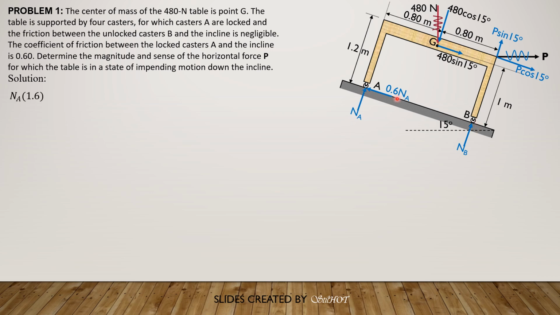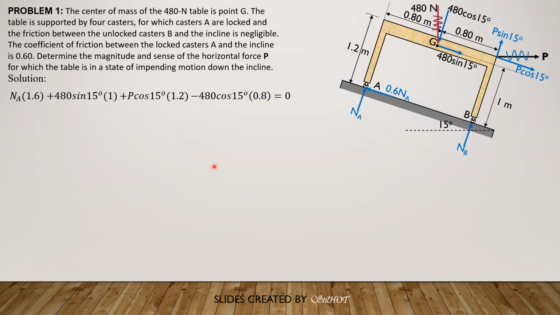So we have NA times 1.6, 0.8 plus 0.8, then plus 480 sine 15 times 1 plus P cosine 15 times 1.2, then minus 480 cosine 15 degrees times 0.8 equals 0.